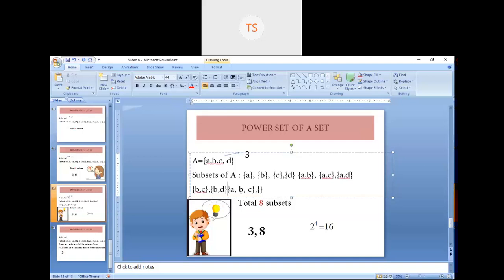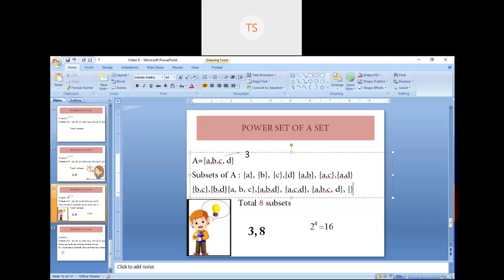Next you write the subsets with 3 elements. I have already written A, B, C. Then there is one more, A, comma B, comma D. Again you will have A, comma C, comma D. Next the set A, B, C, D itself, that means the set itself is a subset. Last one is the empty set.